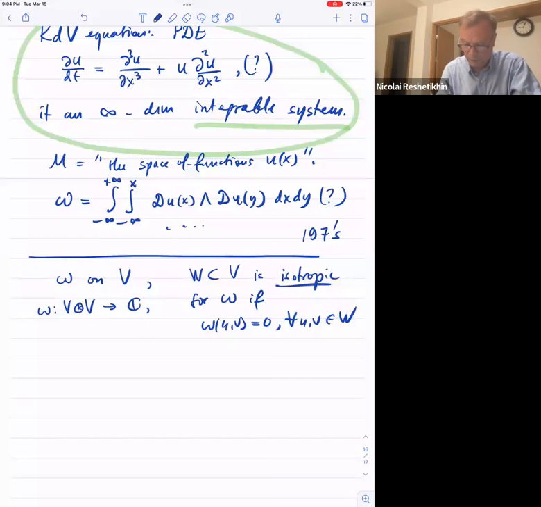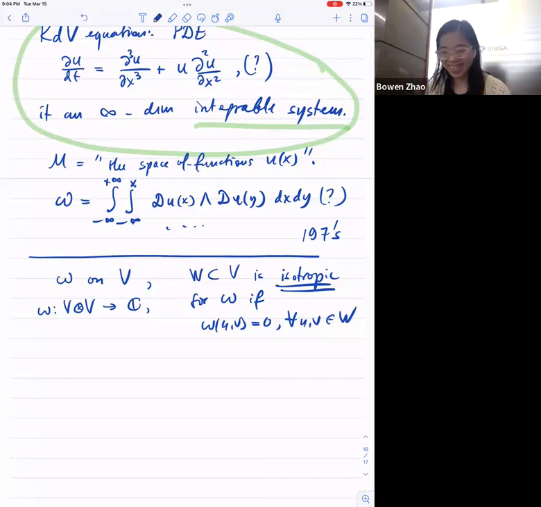That's what isotropic means for any form on V. Okay, thank you.